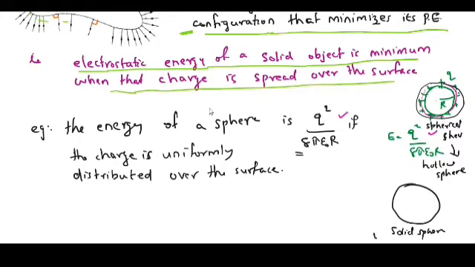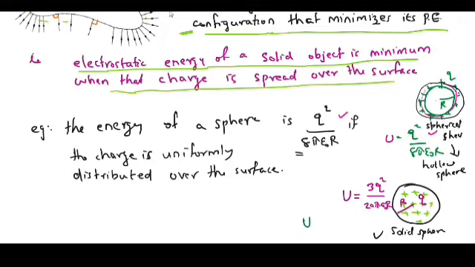Instead, if you have a solid sphere and all the charge is distributed throughout the volume, such a configuration will have an energy. That energy is given by E or U. Here also we can write U because we have used the term U for the energy stored. That is 3q square, where q is the total charge and r is the radius, divided by 20 pi epsilon 0 r.